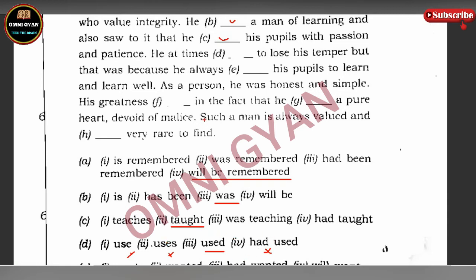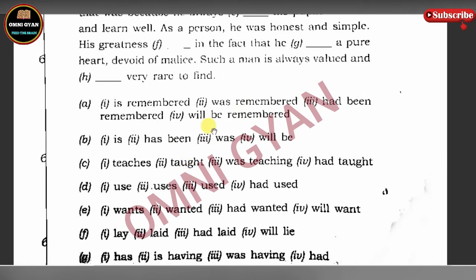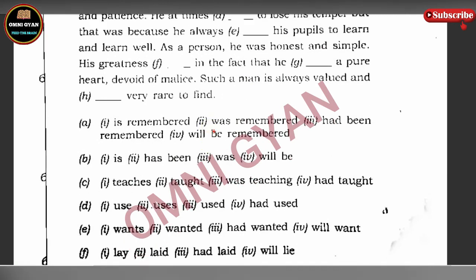So the appropriate option is used, because elsewhere we are actually following the past tense only. Was, taught, these are all simple past. Since we are following a similar pattern, the correct answer will be used to. Used to lose his temper, but that was because he always, number E option, he always.